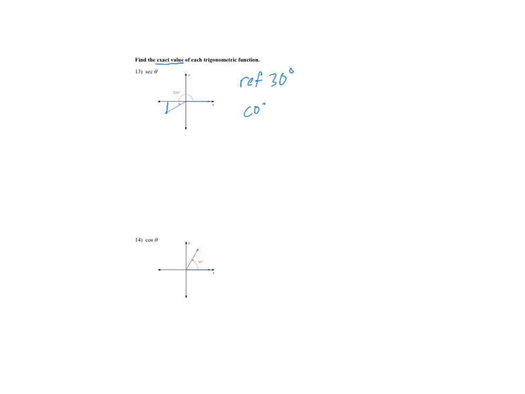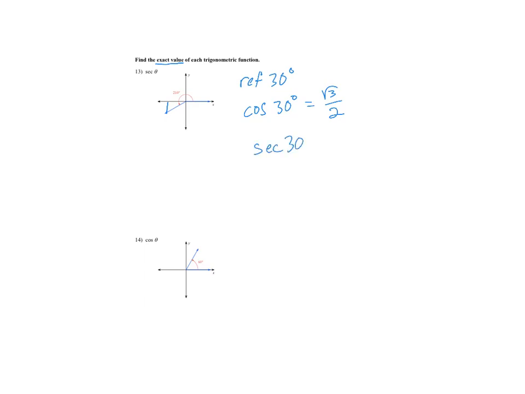So the cosine of 30 is what? Think about that for a second. Remember on our unit circle, it is going to be root 3 over 2. Agreed? And the reciprocal of cosine is the secant, which is what we're looking for.